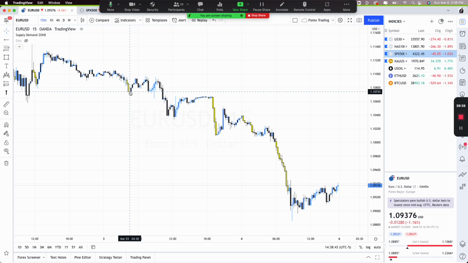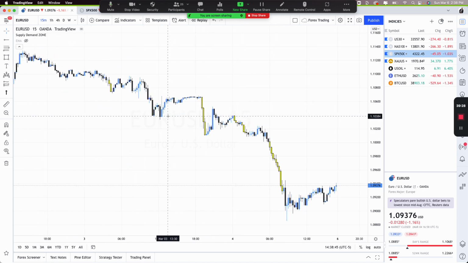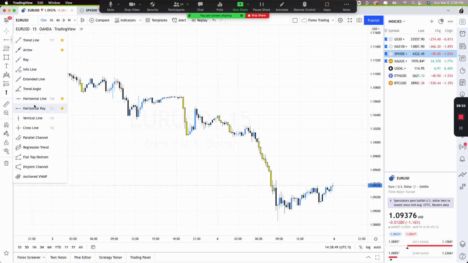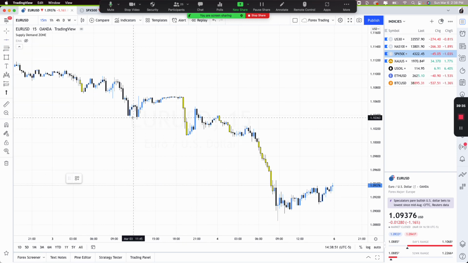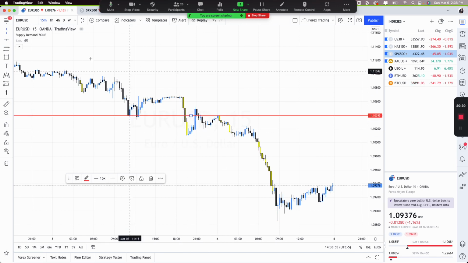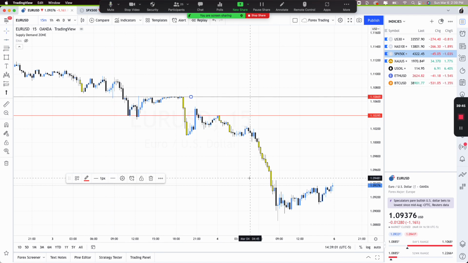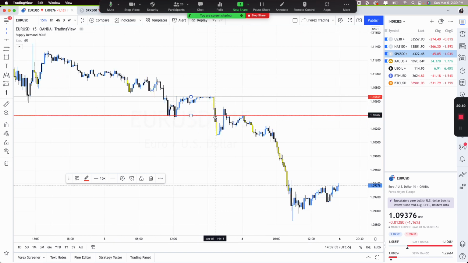You're looking for support and resistance. So I will mark up levels of support and resistance. Here is a level of support. Here is a level of resistance. If you notice, price broke out of this level and it came back.